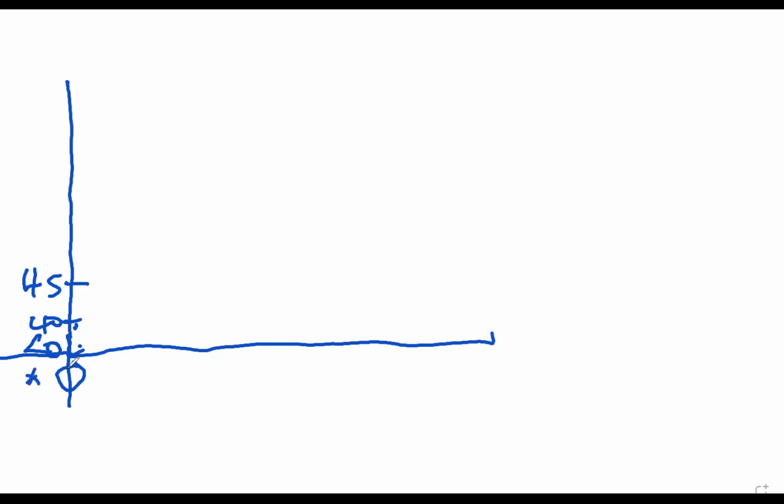Why? Because if it is written here at the center, it means that it is standing for both vertical and horizontal scales. But if it is written here, it means that this 0 stands only for the horizontal axis.